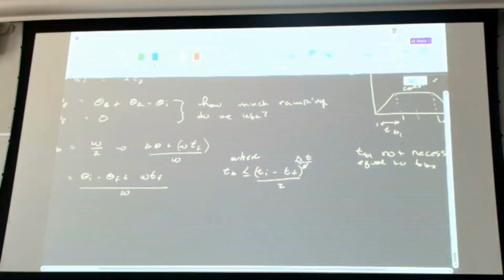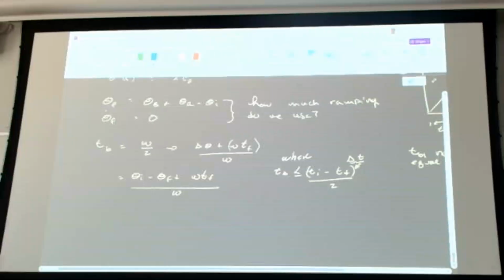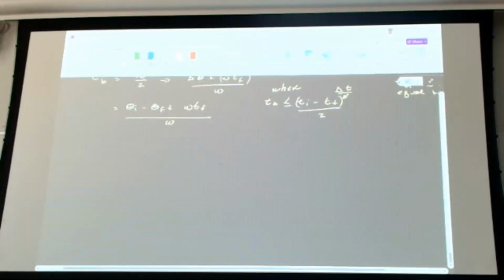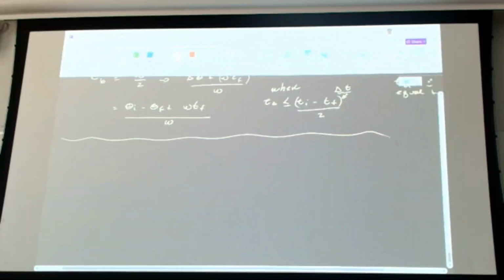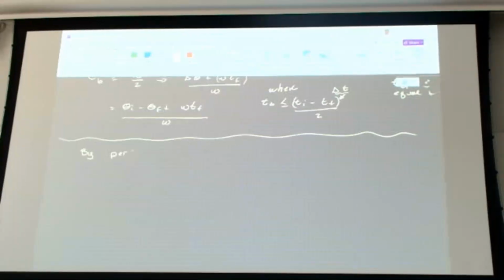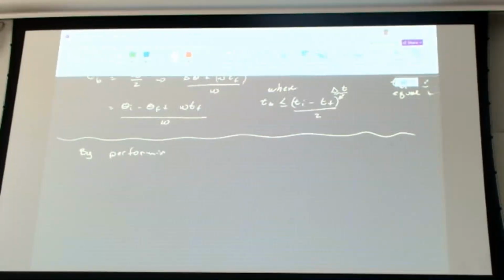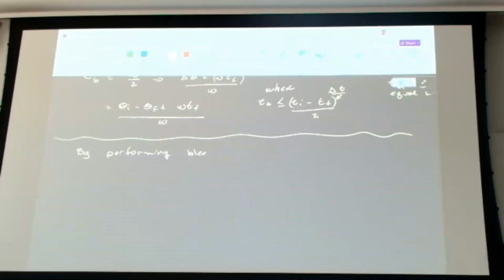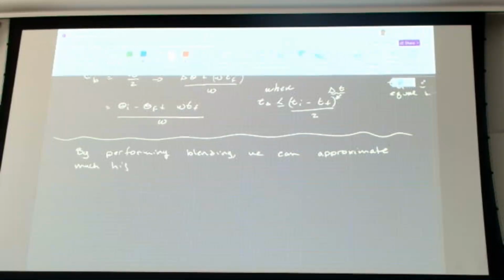And so what we're doing here is we can approximate, or by performing blending, much higher order polynomials.